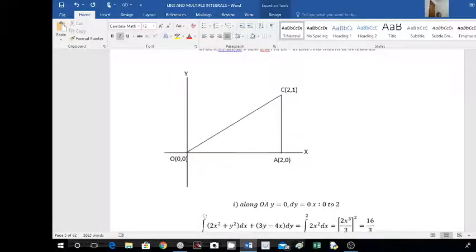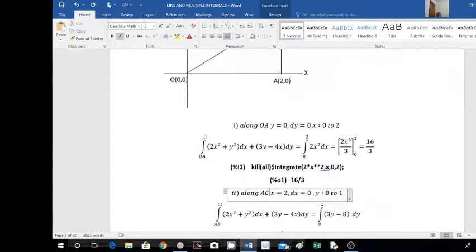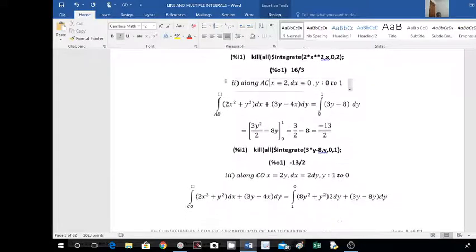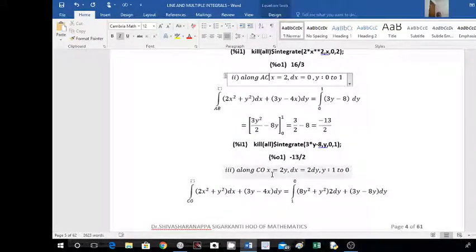Using that formula, after simplifying, I will get x is equal to 2y. If x equal to 2y, dx is equal to 2 into dy.